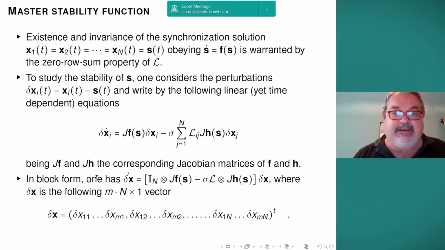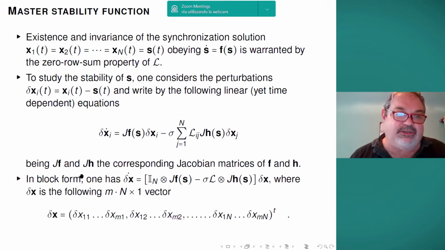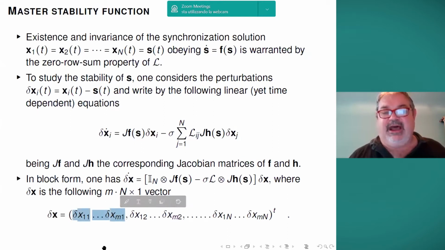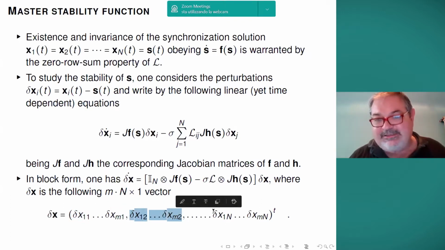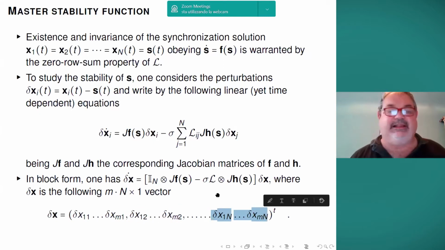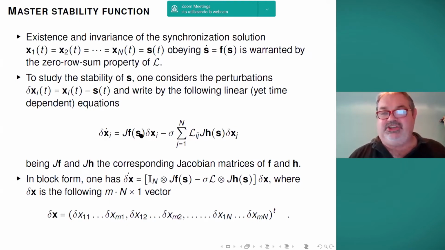And then you consider it in block form, because this is for each oscillator i. So in block form, you take a huge, big delta x error vector, which has the first m components delta x1, the second m components delta x2, the last m components delta xn, and you can write the equation in this form: the identity n direct product with Jf minus sigma Laplacian direct product with Jh, applied to delta x.